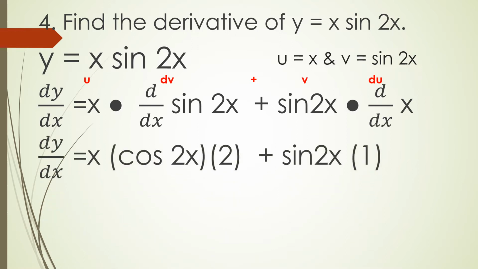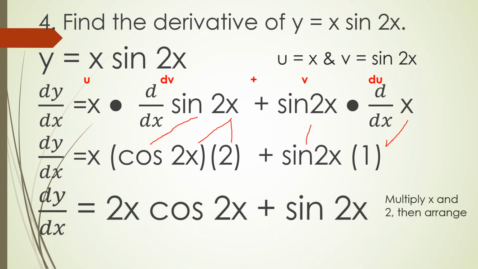The derivative of sine is cosine, copy 2x, the derivative of 2x is 2. Copy sine 2x, the derivative of x is 1. Now combine and multiply x and 2, so we have 2x cosine 2x plus sine 2x. That's it. You cannot combine that one.